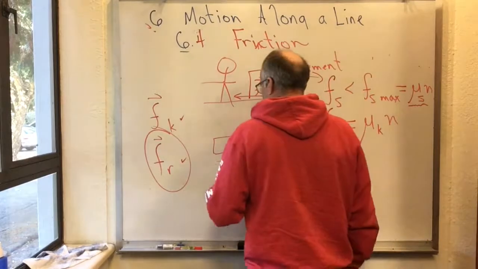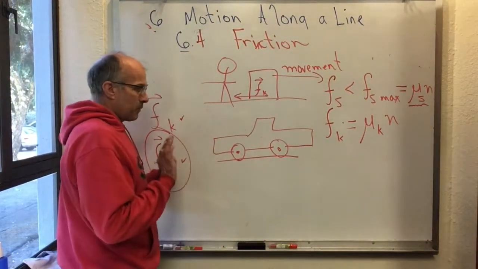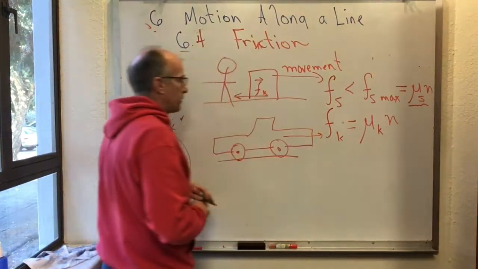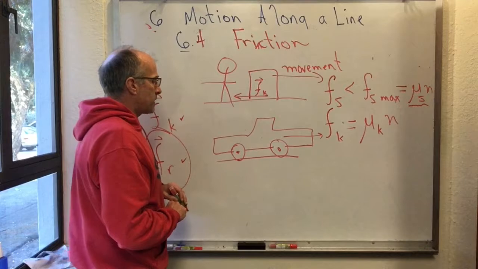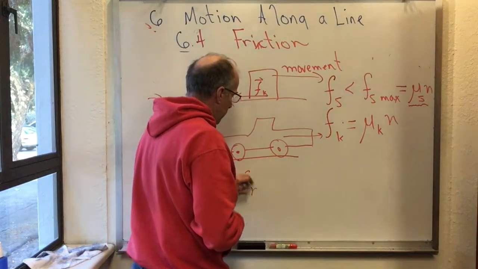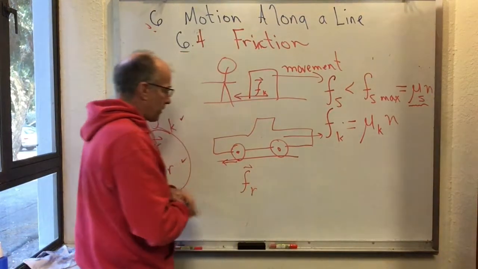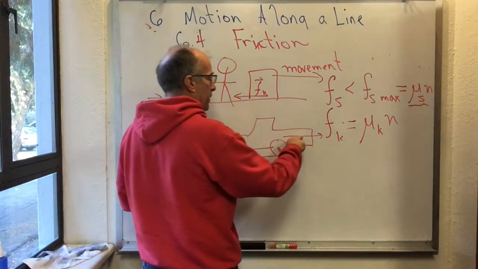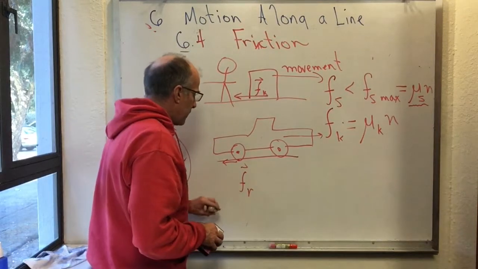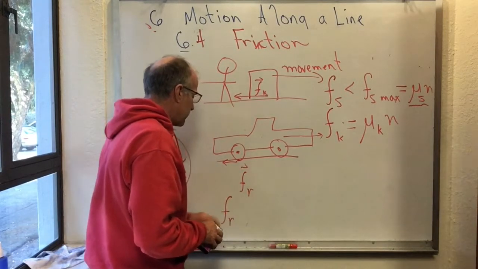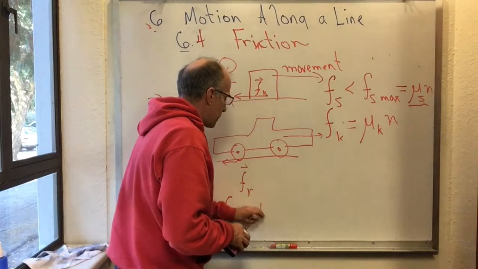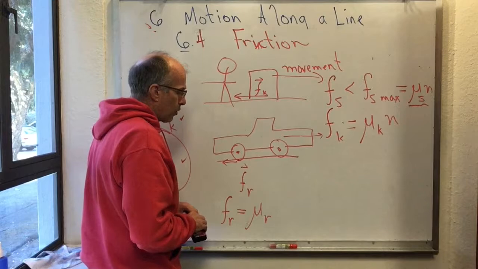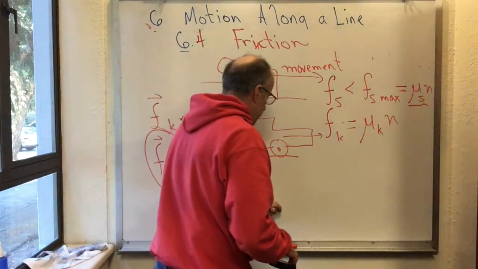So what Knight's going to say is that if something's rolling, so let's say I have this whole car rolling in this direction, he's going to say that there's an F rolling, which is in the opposite direction. We're going to call that rolling resistance. The rolling resistance is opposite the movement. And the magnitude of this rolling resistance is going to be a new coefficient, mu sub rolling, the coefficient of rolling resistance, times, once again, n.